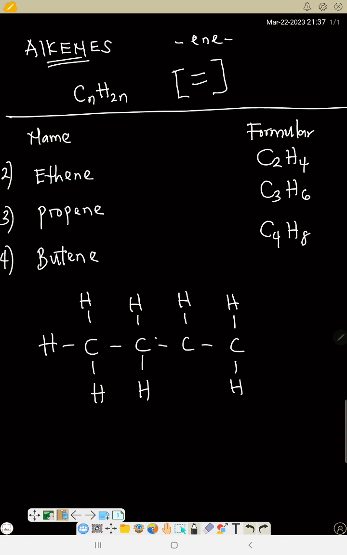If you place it after the second, if you go this way, 1, 2, 3, 4, is after the second. If you still go this way, 1, 2 is still after the second. So this is still butene. Later we'll learn how to name completely, but for now, please place it after the first carbon, so we can always have butene, ethene, propene, as in like that. Anytime we are moving the double bond around, I will tell you what to do next.